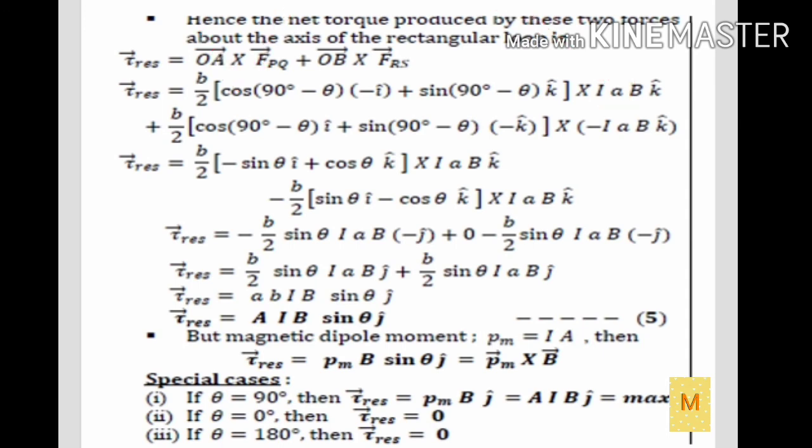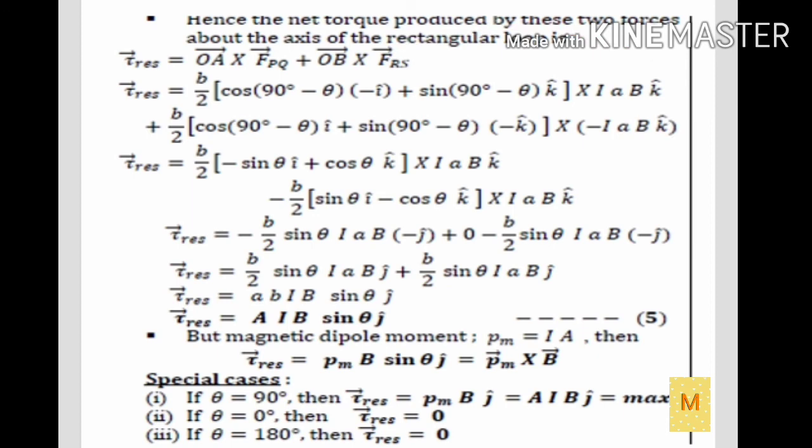and FPQ vector is replaced as IAB into k cap. From the figure, OB vector is replaced as i cap b by 2 sin 90 degree minus theta into minus k cap, cross FRS vector is replaced as minus IAB into k cap.